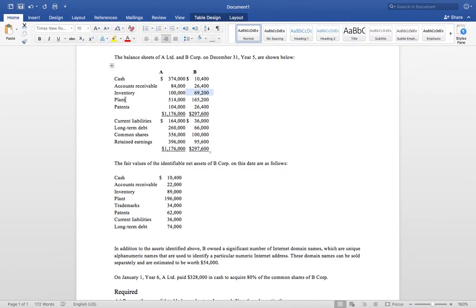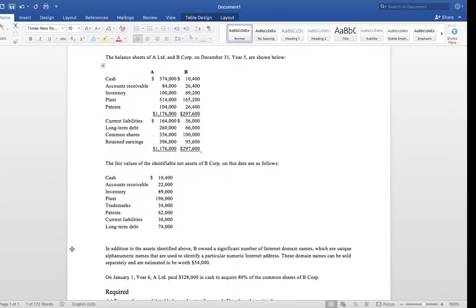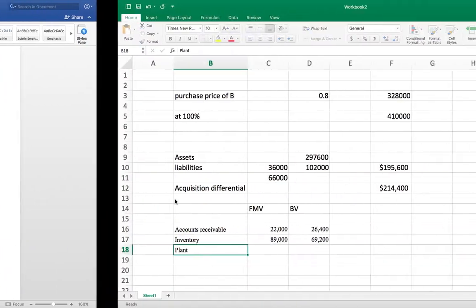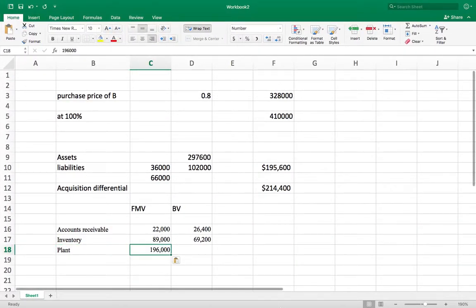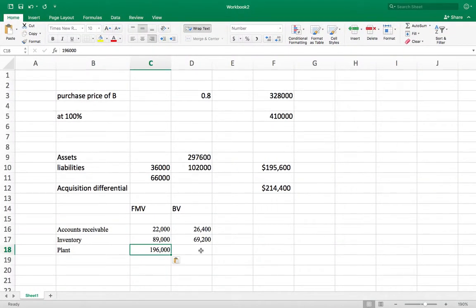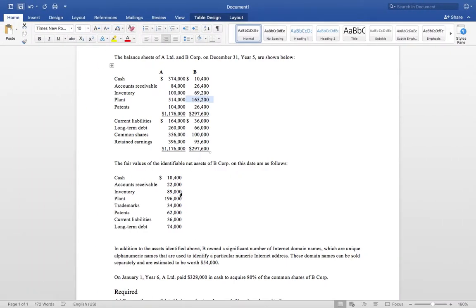Next is plant. Plant had a fair market value of 169,000, and their book value was 165,200.